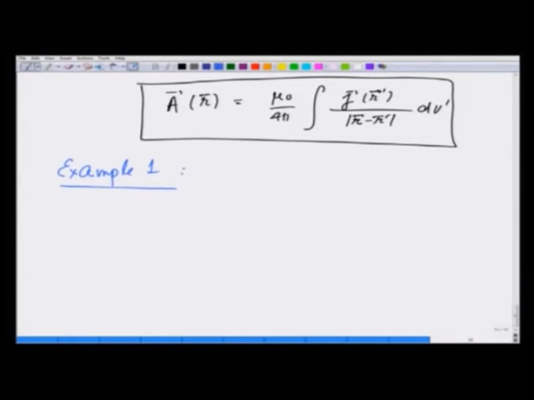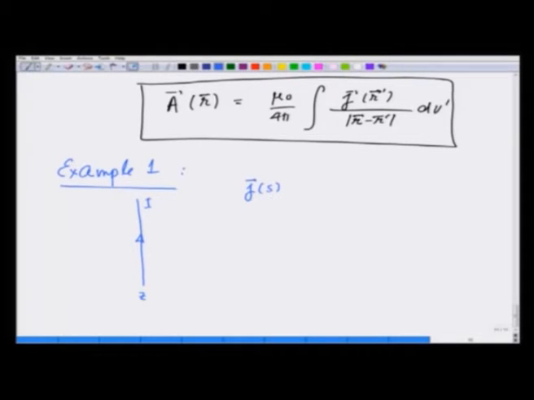As example 1, I am going to take current I going in a wire along the z axis. So, this is a well known example we have been solving so far, and I want to calculate for the vector potential directly. Let us write the current density for this.